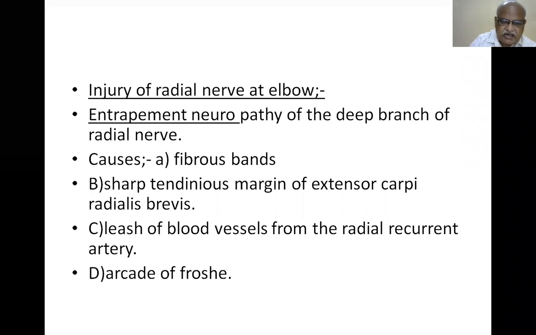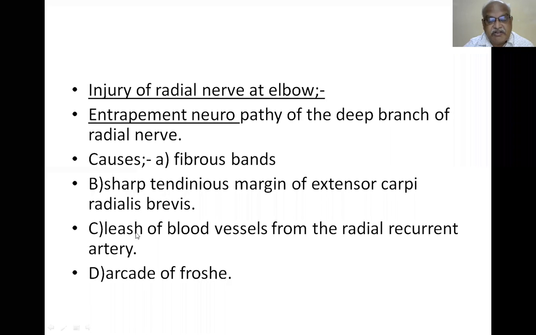These are the four causes of entrapment neuropathy of the deep branch of the radial nerve at the elbow: fibrous bands, the sharp tendinous margin of the extensor carpi radialis brevis, leak of blood vessels from the radial recurrent artery, and the arcade of fasciae.